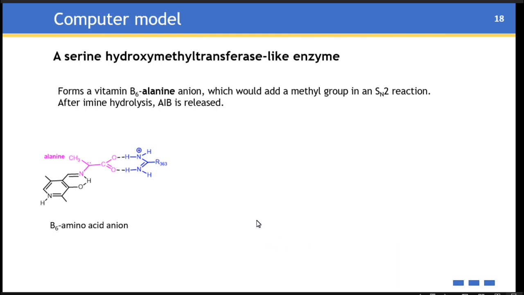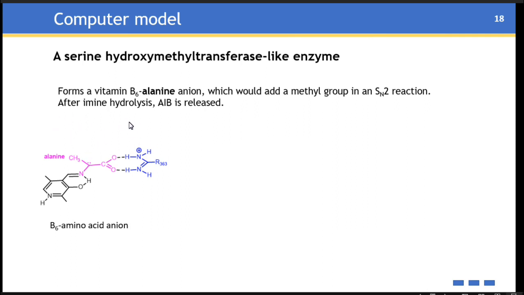Well, all right, so say we had a serine hydroxymethyltransferase-like enzyme in the Trichoderma. How would this work? Well, of course, it would have to react with alanine. In fact, it would have to be a D-alanine, because this requires that the hydrogen that's removed, it's gone off here already, but it has to be up for it to be pulled off by the base.